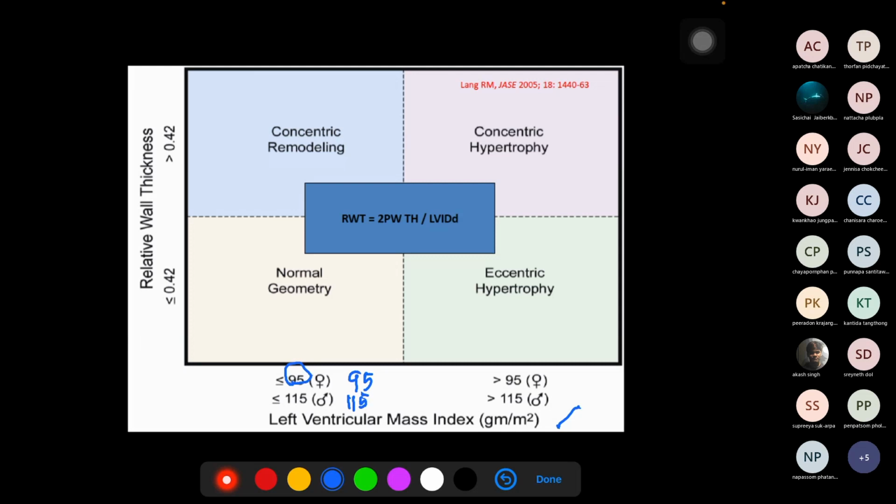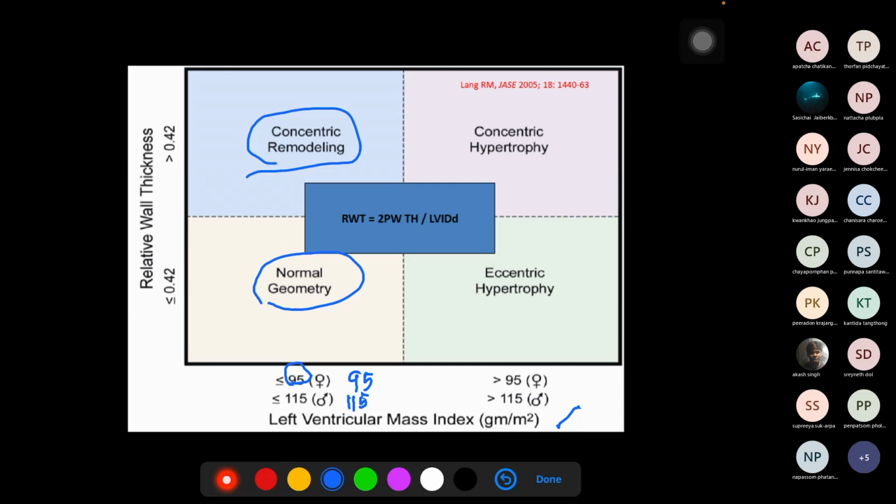You have to remember this number first. If the number is less than 95 in female and less than 115 in male, this is a normal LV mass index. So the normal LV mass index is the normal geometry or the concentric remodeling.